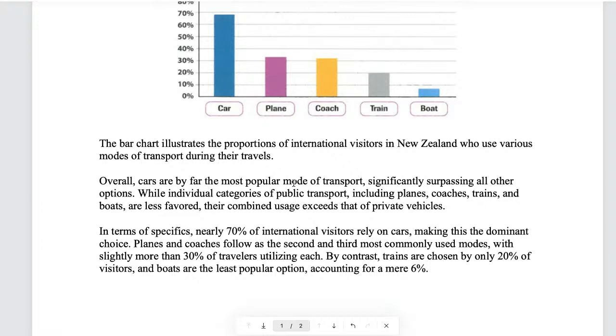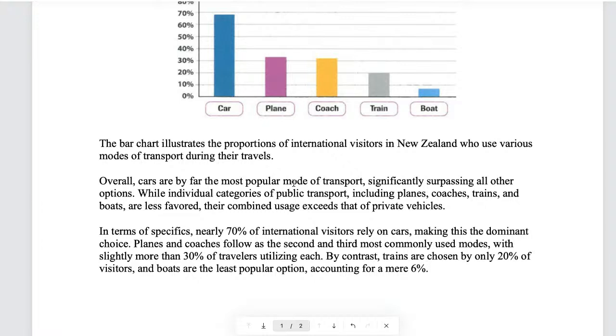R-E-L-Y. Rely on cars. Okay? Nearly 70% of international visitors rely on cars. Okay? Comma.